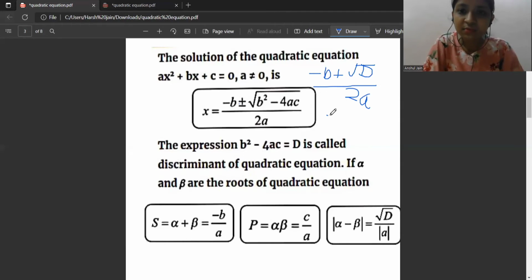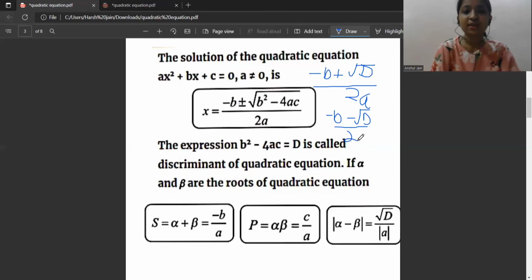And next, minus b minus under root D upon 2a. This means these are two roots. One time you take plus and the other time you take minus, right?